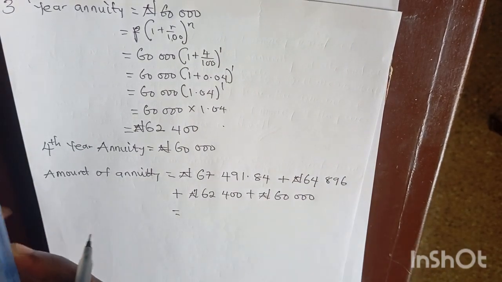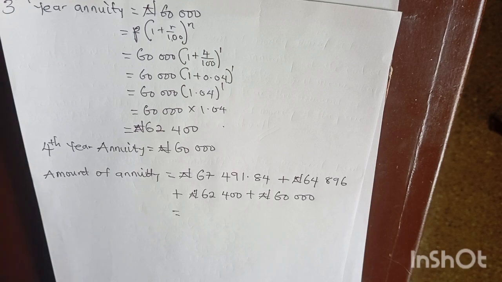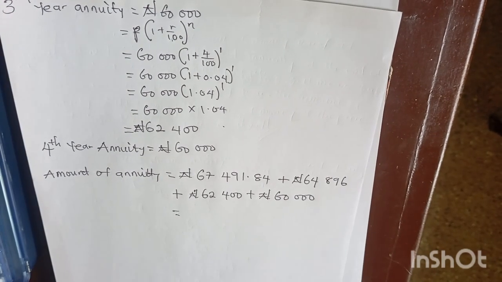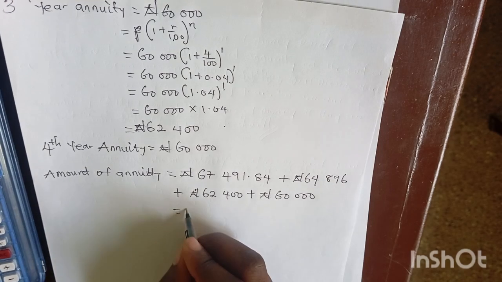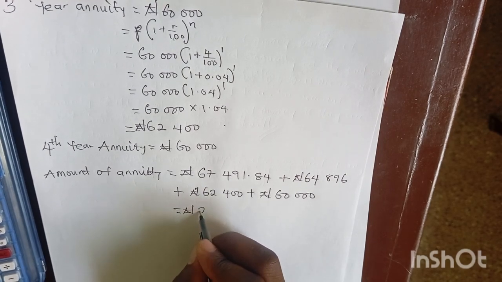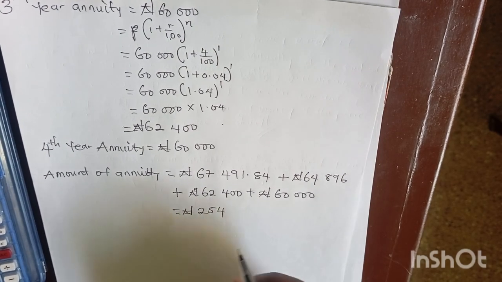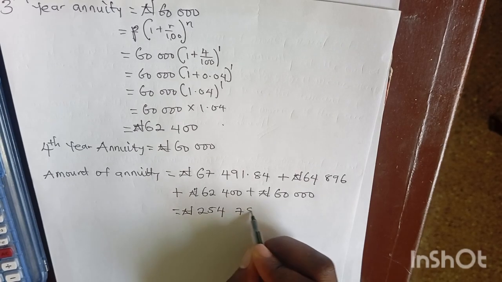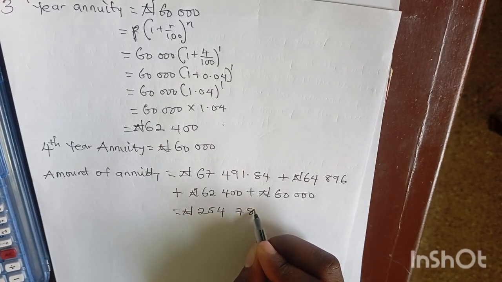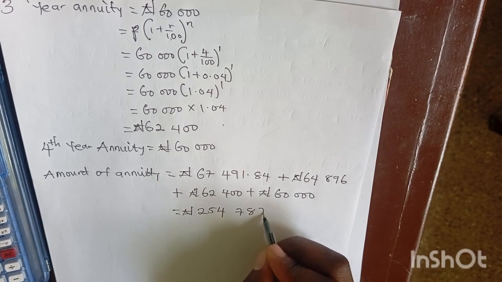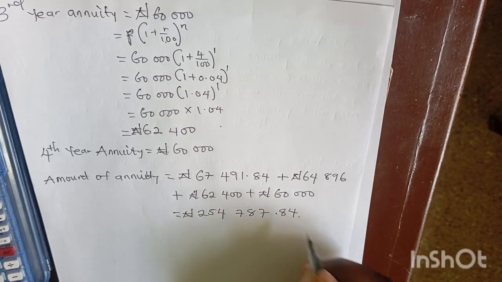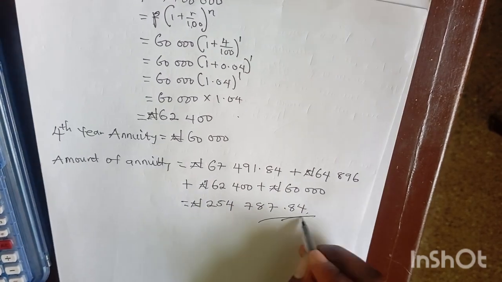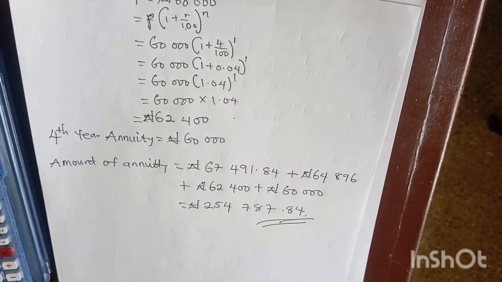Let's quickly sum up these values. What we have is 254,787.84 kobo. So this is the amount of annuity.